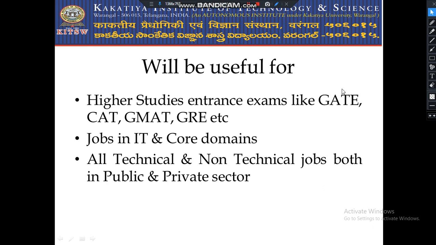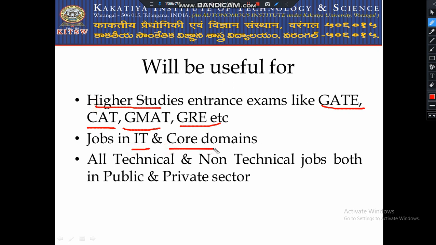There are many applications for this course. You name a career opportunity and this syllabus will be there, whether you write the GATE exam, CAT, GMAT, GRE for your higher studies, or you want to join any IT or core company.